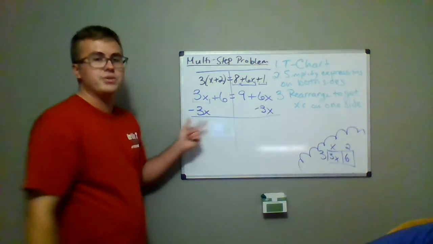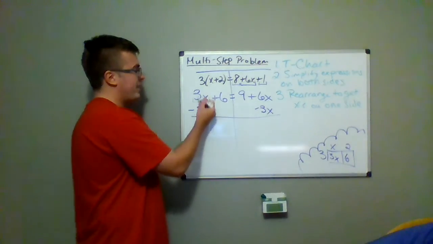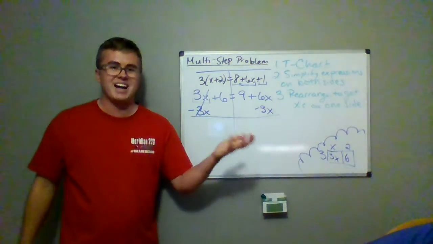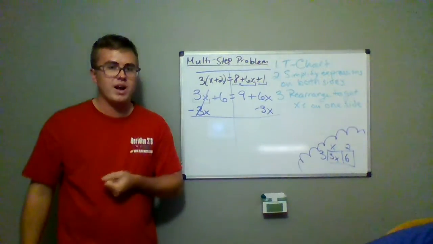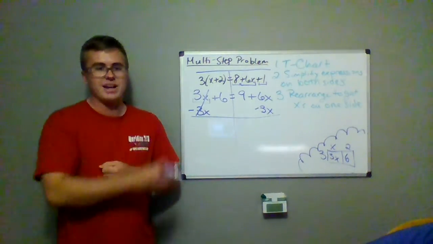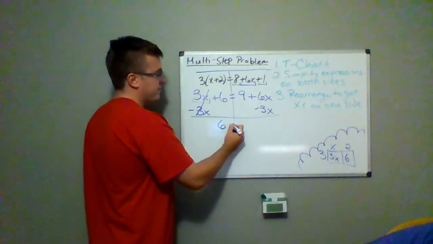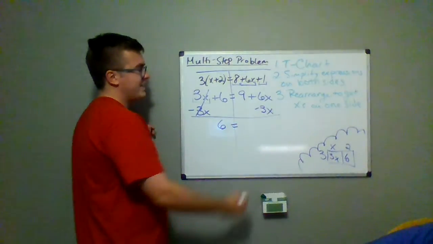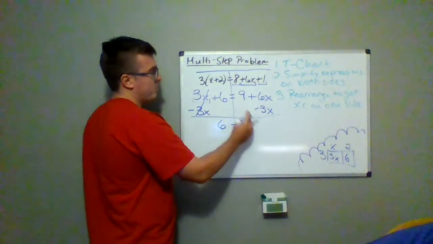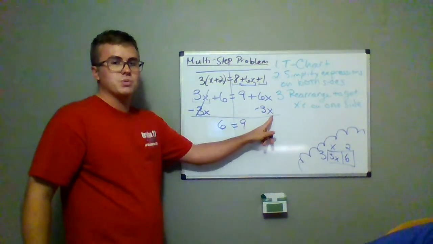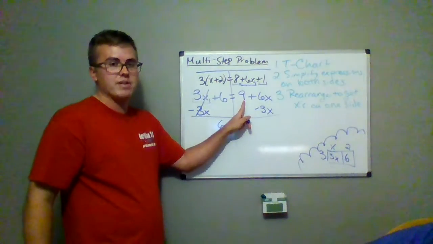The whole reason I do that is because now on this side, 3x minus 3x goes to 0. If I have 3x in this hand and then I take them away, I'm left with 0 x's right there. So on this side, I'm just left with 6. On the right side, you can see I'm left with 9, because 9 is not a like term to this one here, because this one has an x and this one does not have an x.